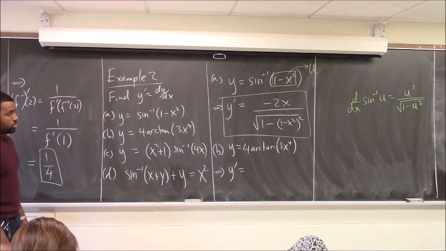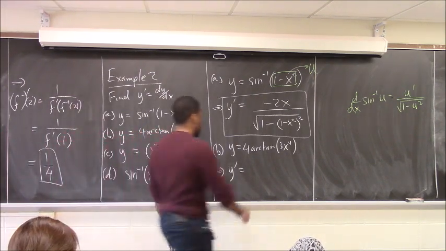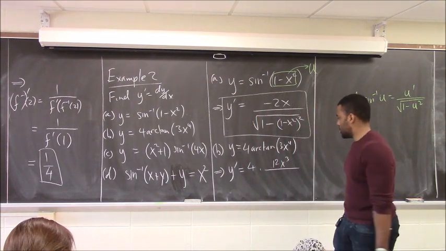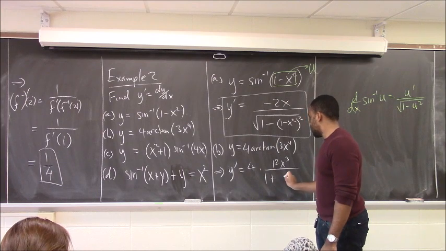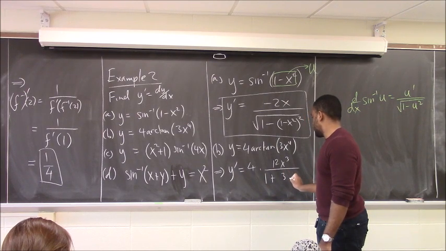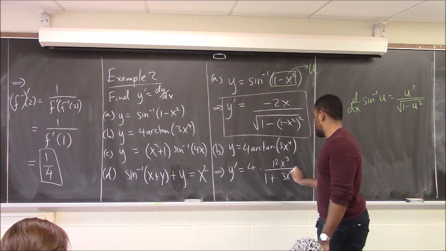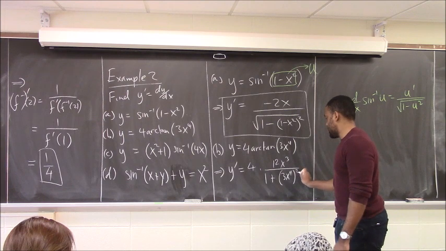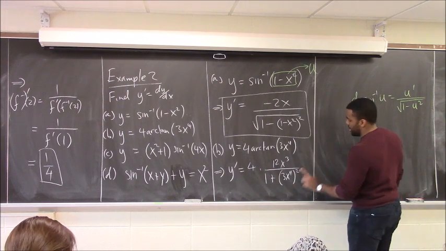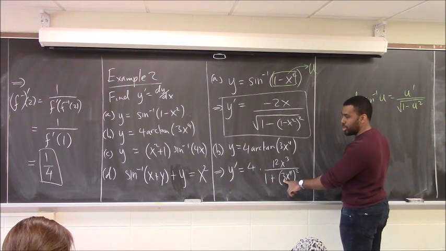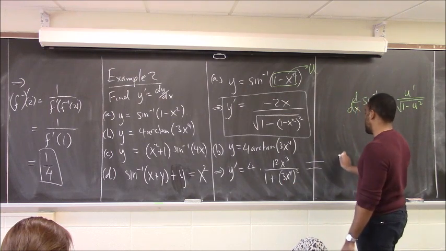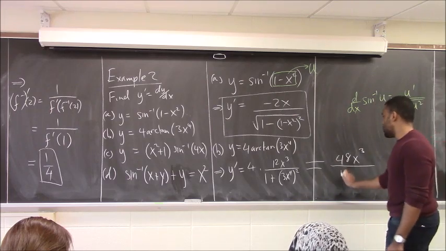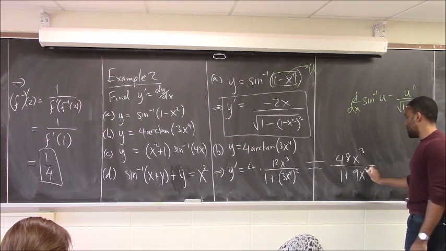It's 4 times 12x cubed over 1 plus, 3 times x to what? The whole thing squared. Rookie mistake here: students often will square the x and forget to square the 3. Don't fall into that mistake. So this will be 48x cubed over 1 plus 9x to the 8th.